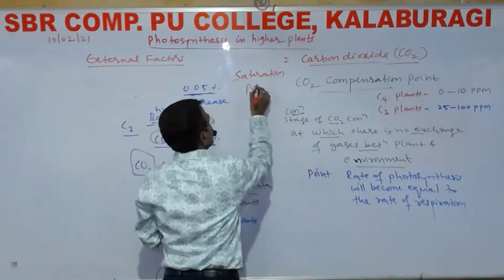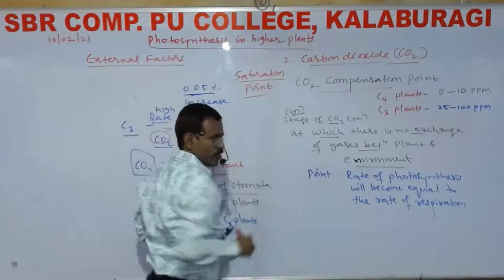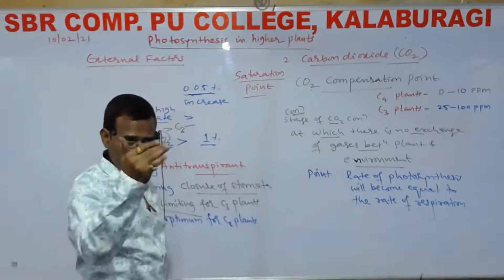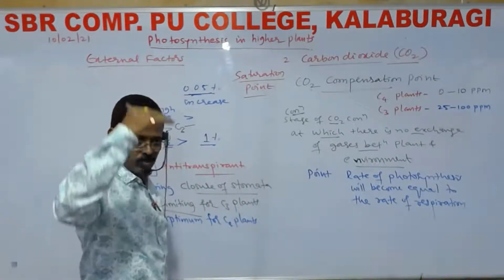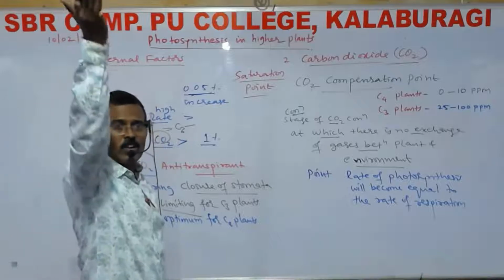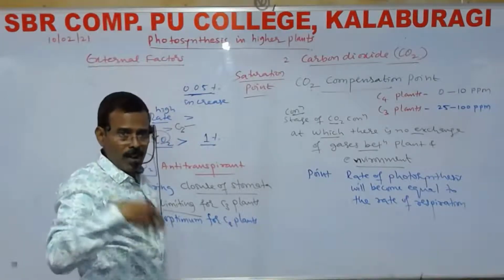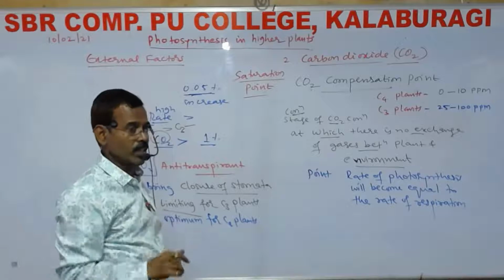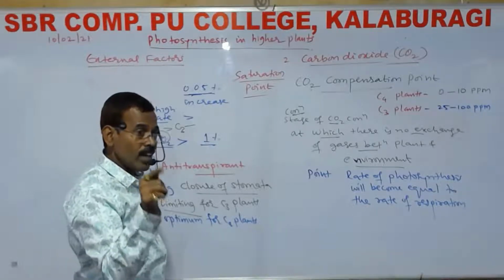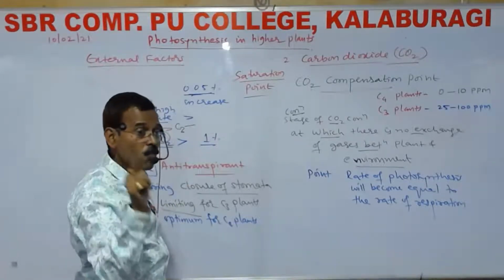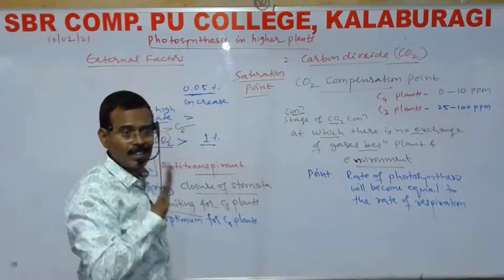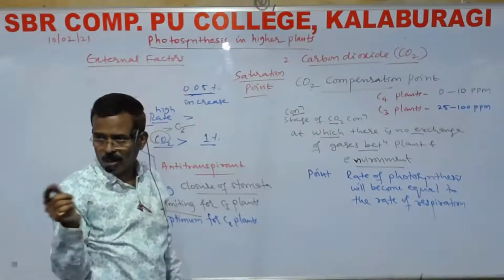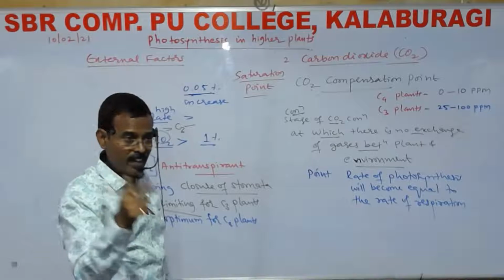Up to the saturation point, if you raise the CO2 level, definitely the rate of photosynthesis will increase. Beyond the saturation point, it will not increase. Carbon dioxide saturation point for C4 plants is lower. Carbon dioxide saturation for C3 plants is higher.